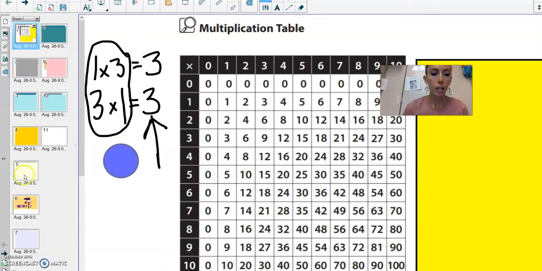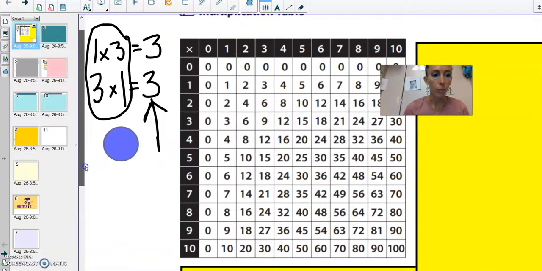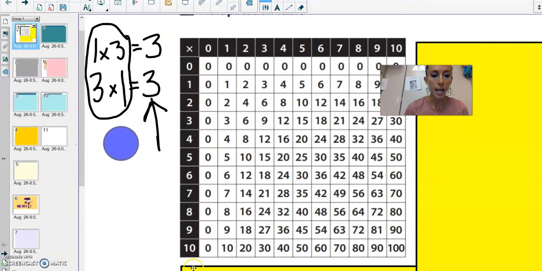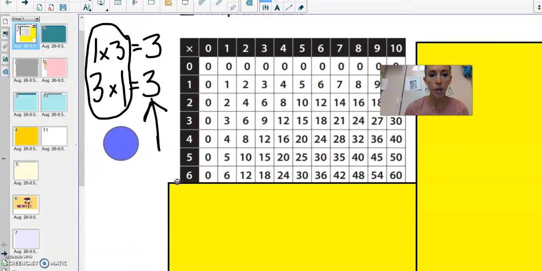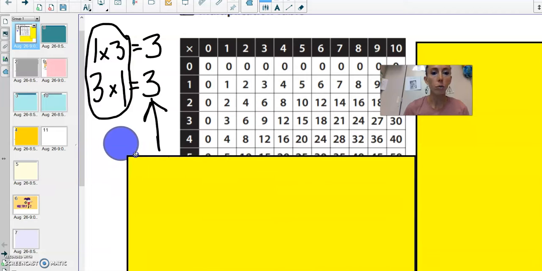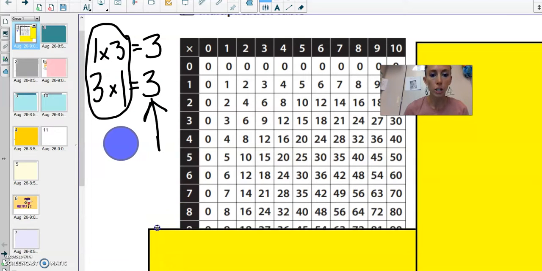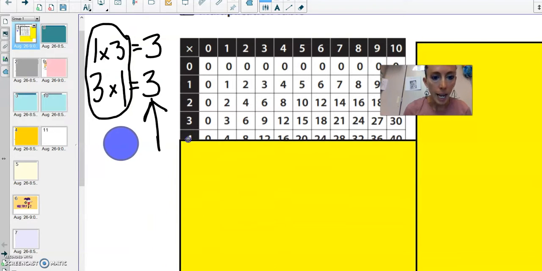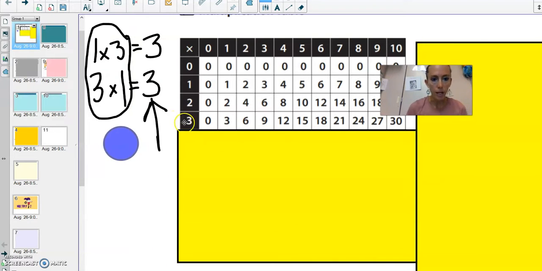There's another tool you could use to help you find products, and that is using 2 sheets of paper. So if I was finding 3 times 1, I could move 1 sheet of paper this way and line it up with 3. So there I go. See, I just see 3 right here. Here's my 3 row, but I need 3 times 1.